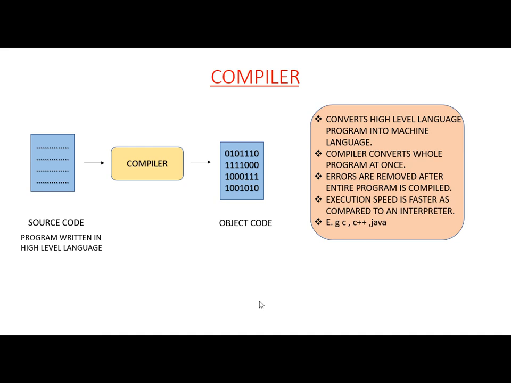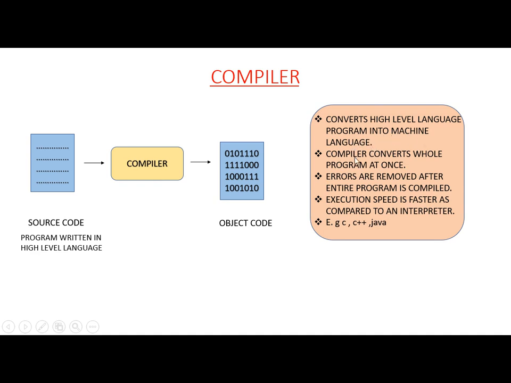Now we will study the compiler. Here also the source code is a program written in high level language. It needs to be converted into machine readable form with the help of a compiler. But there are some differences between compiler and interpreter. The compiler converts a high level language program into machine language.